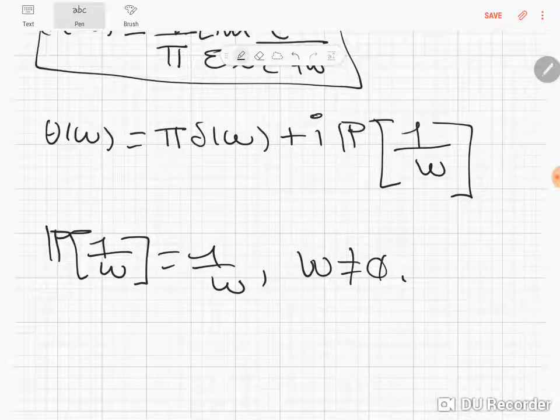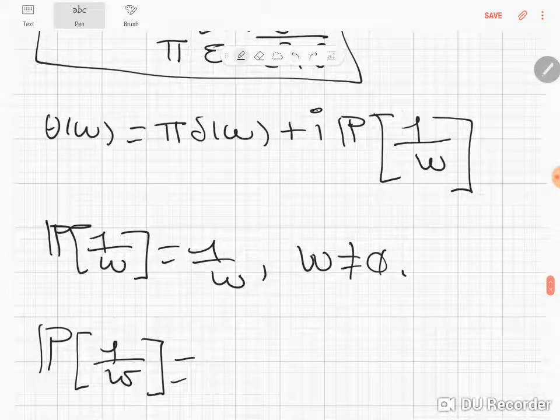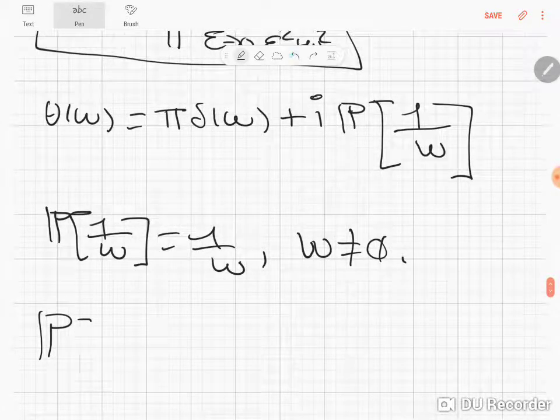Okay, and now that we have theta, let me say it in the following way. In a more general way, let's write it in an integral form. The more general definition that you can use for the principal value is the following.